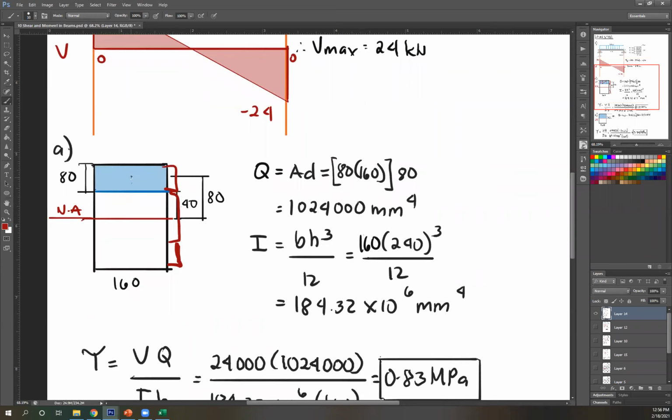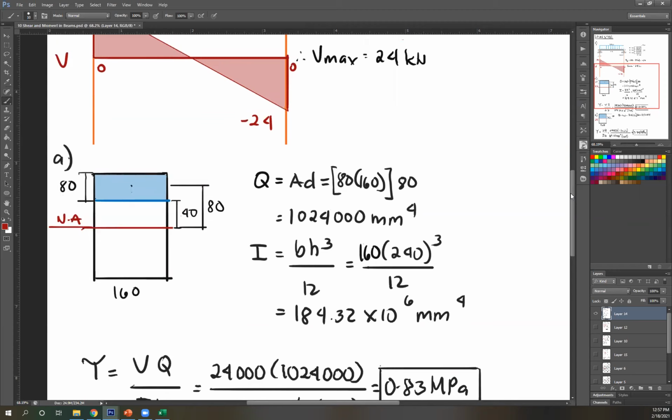The center of this rectangle is this point, which is 40 by 40. Since this whole thing is 80, this height is just 40. Therefore, all in all, the distance of the center from the neutral axis is 80. So times 80. Computing for that, Q is 1,024,000 millimeters to the fourth. Now I have Q.